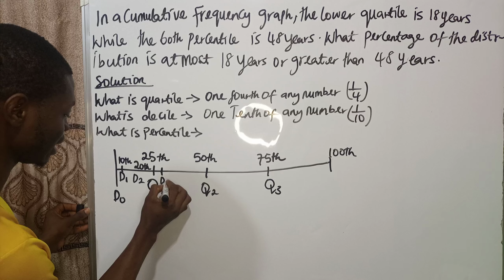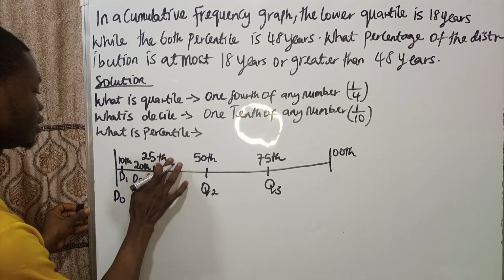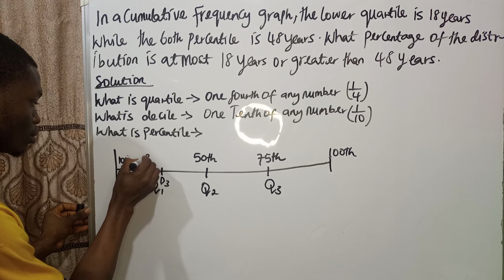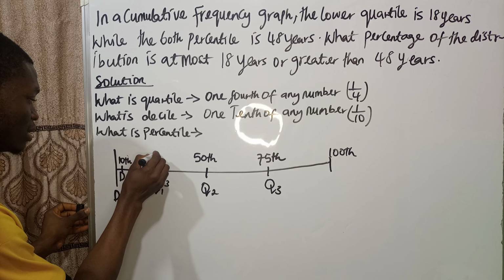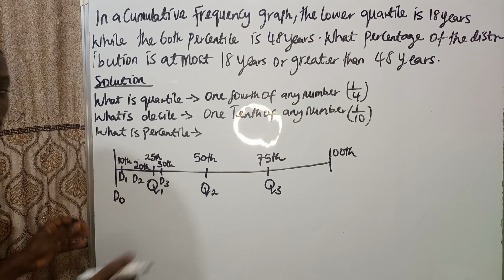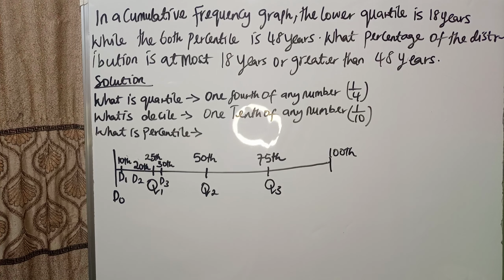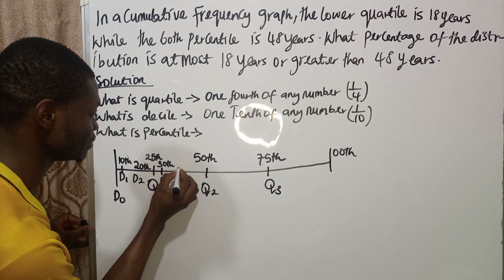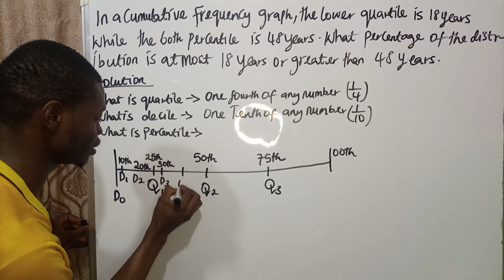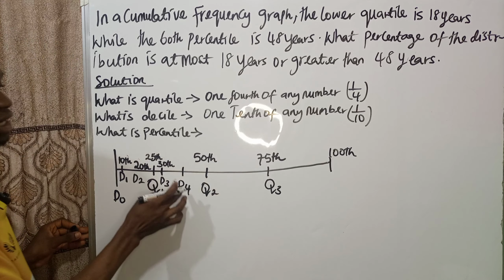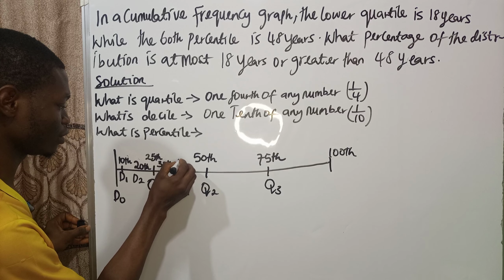That's D3, 30. I know that this handwriting will be small so that it will enter. So here is 30. Here will be 40, so D4. That's decile 4, which is 40.